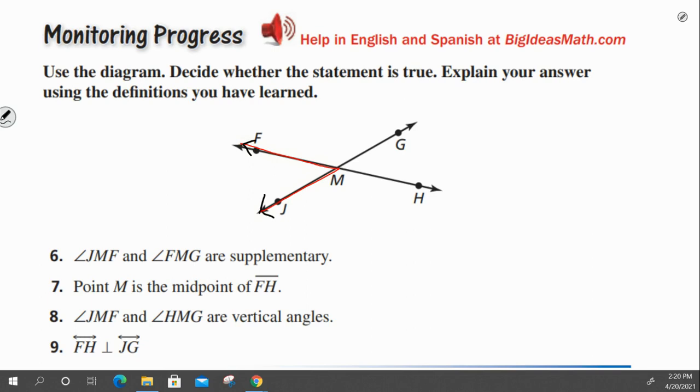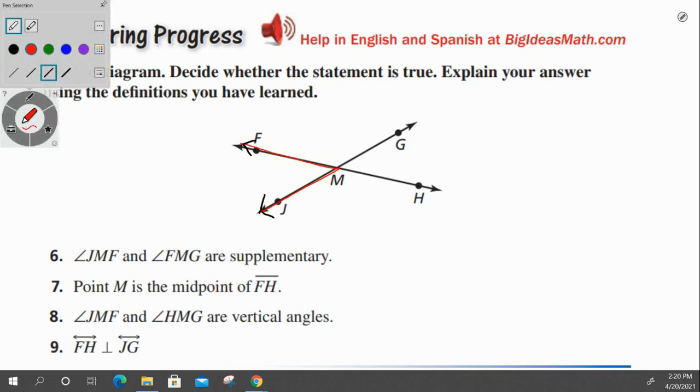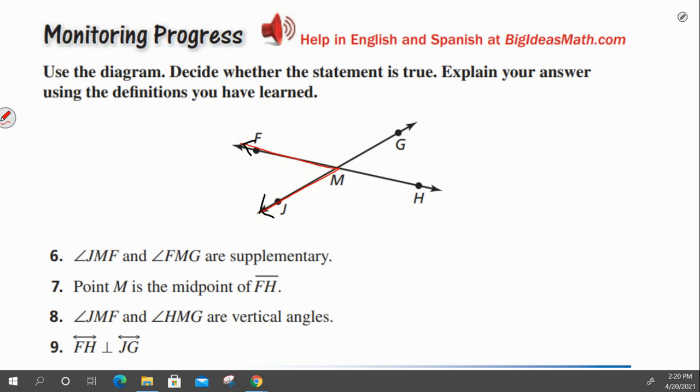So angle right here, JMF. And then we have the angle of FMG. So this angle here would be angle FMG.